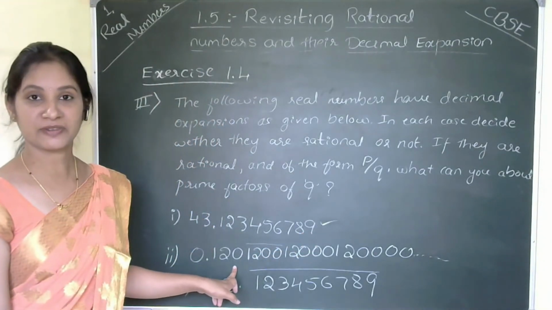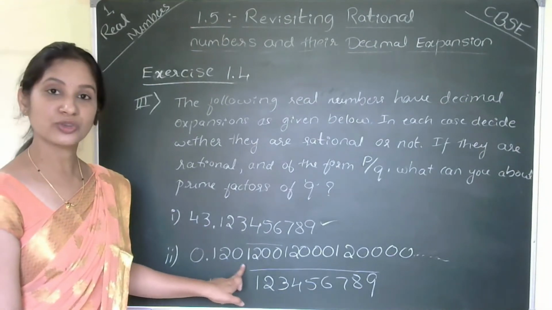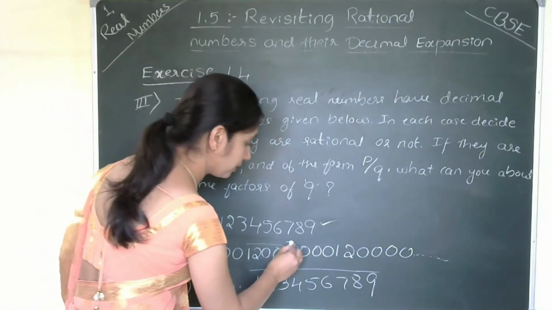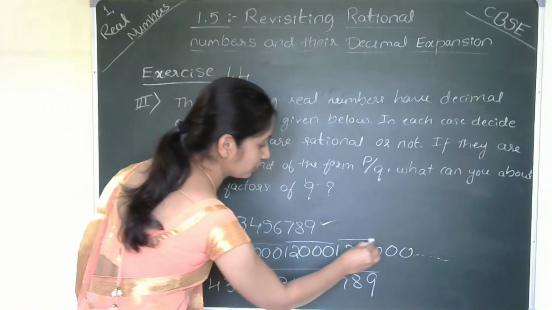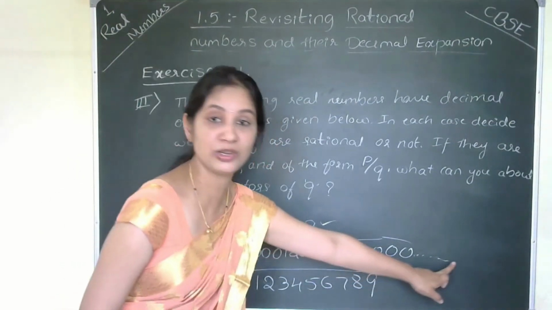So we saw the first example. What about the second one? After the decimal point, you are observing 120, 1200, 12000, with 4 zeros, and it continues, right?